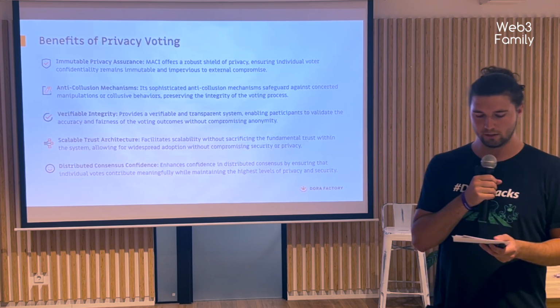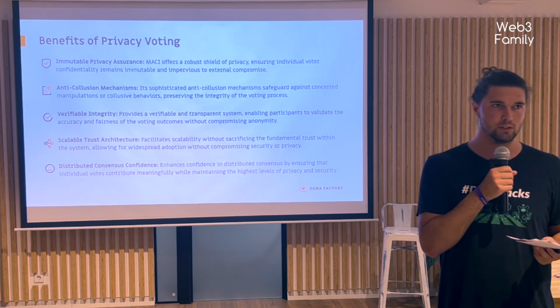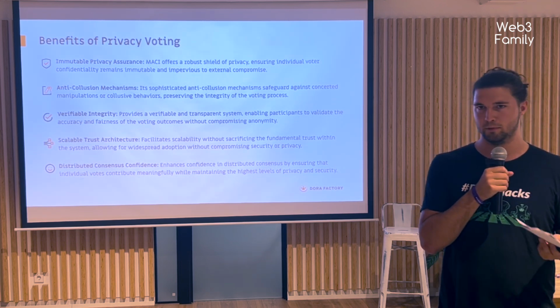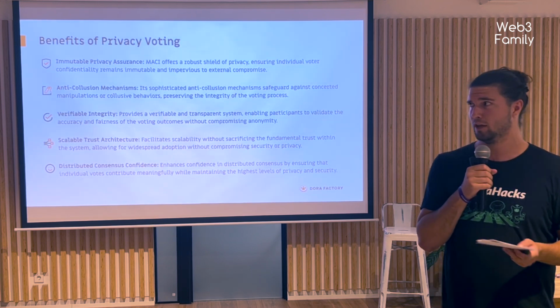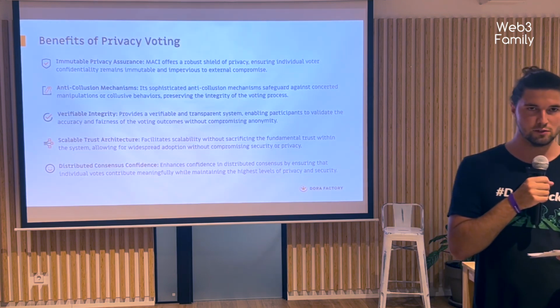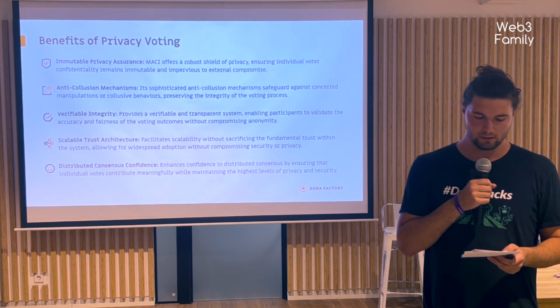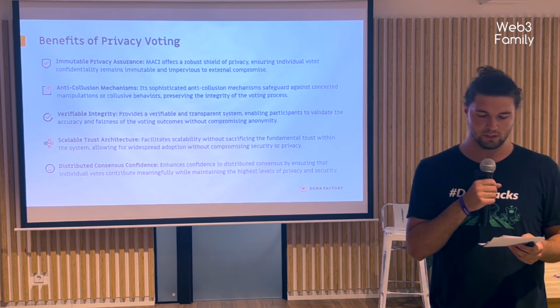And then there's a scalable trust architecture, so MACI can handle a lot of transactions and still grow and be adopted more, because at the end, only the proof is submitted on-chain and the rest is off-chain. And then there's also a distributed consensus mechanism, which boosts group decisions while still keeping individual votes secure and private.